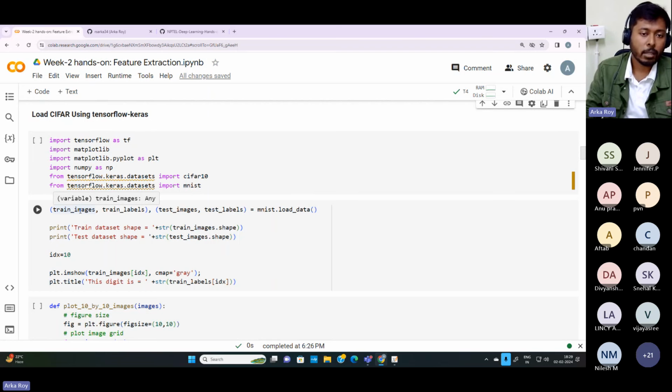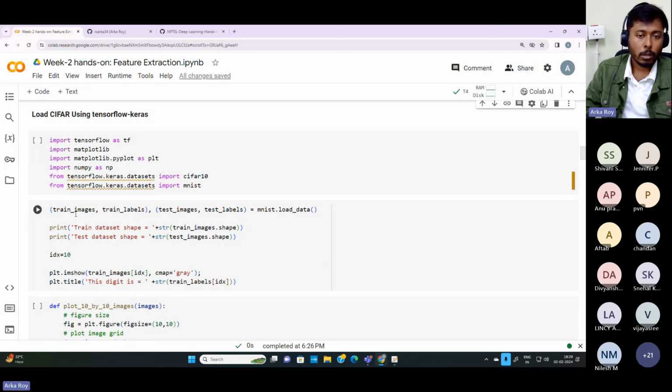It is written in a categorical way. So this is the train folder, and similarly you have the test images in the test folder: test images and test labels, which is equal to mnist.load_data. It will load all the data in the MNIST folder and reallocate everything into their respective subfolders.